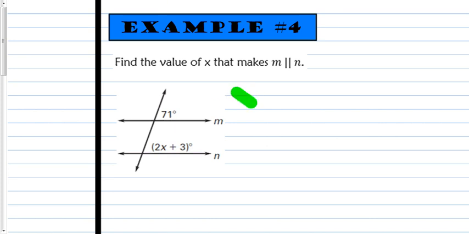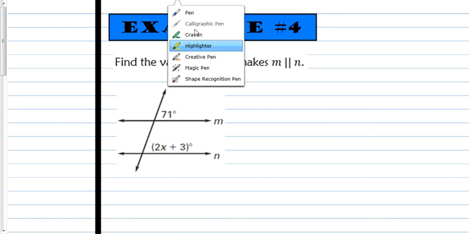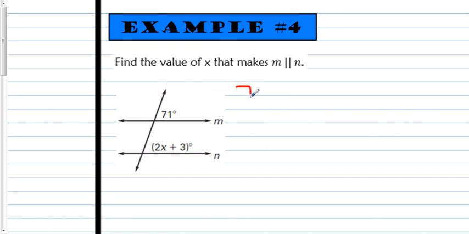So, I apologize, I have the highlighter on still. So 71 has to equal 2x plus 3. Okay? In order for these two lines to be parallel, these two angles have to be corresponding, which means they have to be congruent to each other. So we're finding the value of x that makes this true.